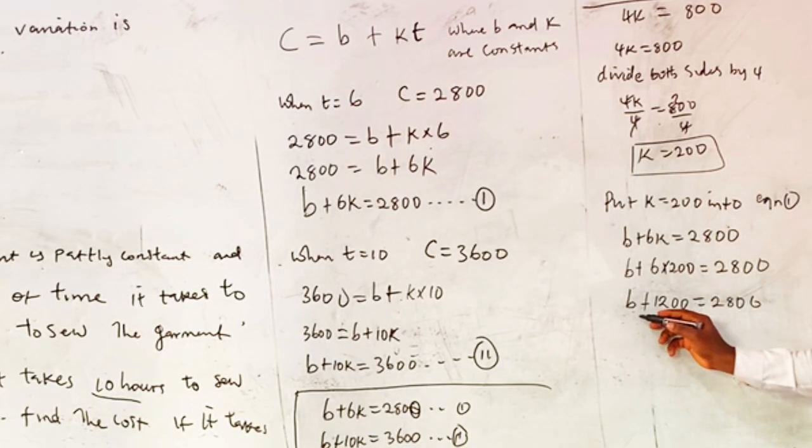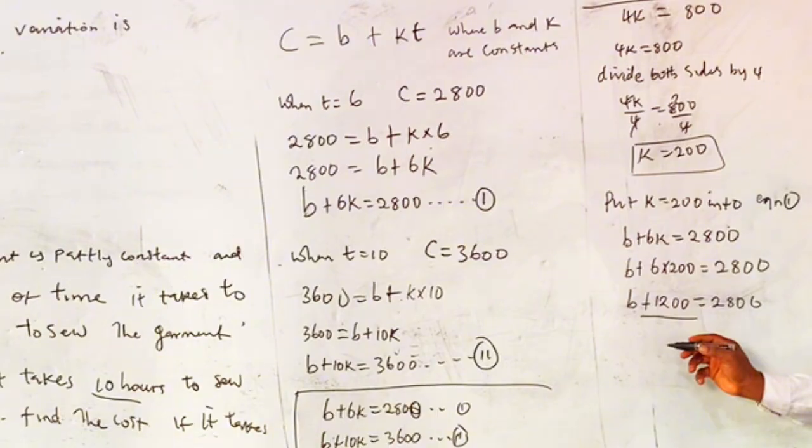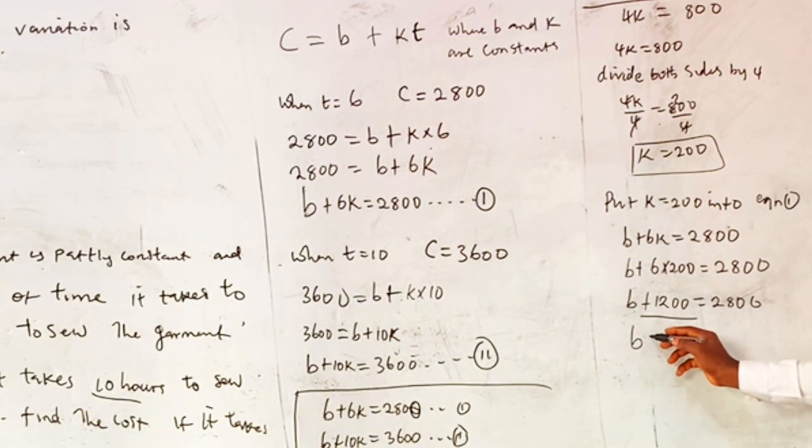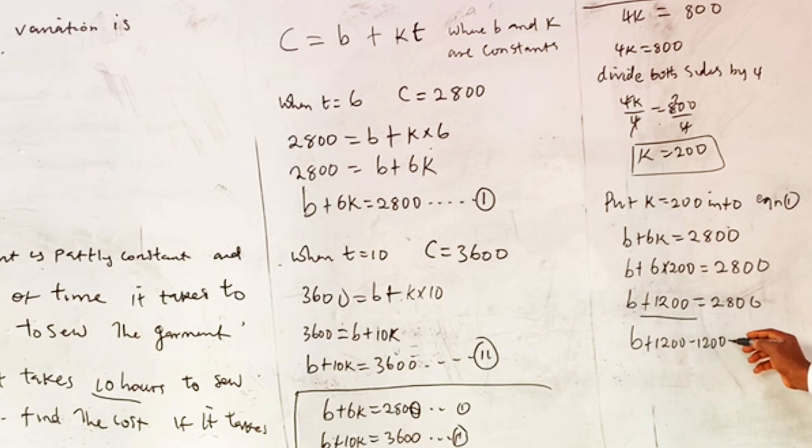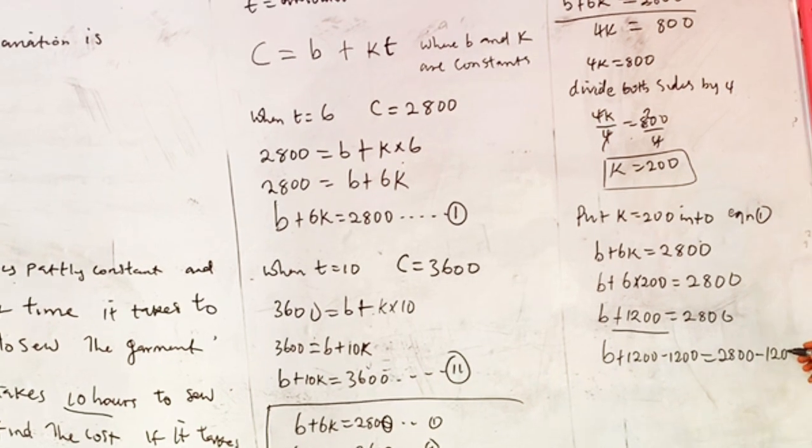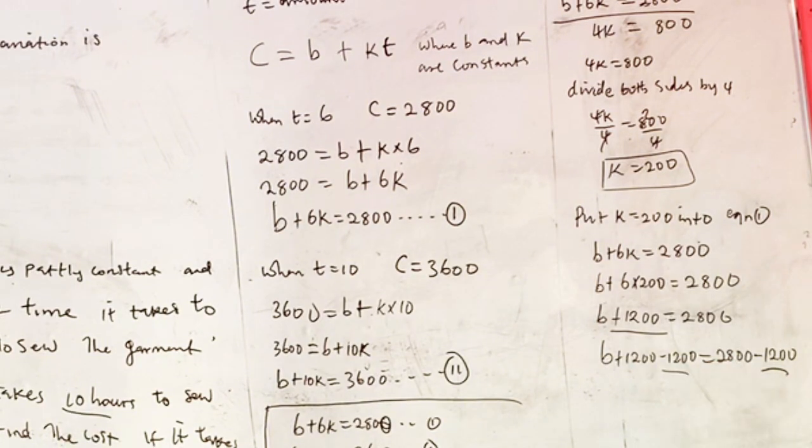We're going to subtract 1200 from both sides to remove it from the left hand side. So we have B plus 1200 minus 1200 is equal to 2800 minus 1200. So we have B. Here, 0 minus 0 is 0, 0. 8 minus 2 gives us 6. 2 minus 1 is 1. Is that right? Yes. Okay, so our B is now 1600.